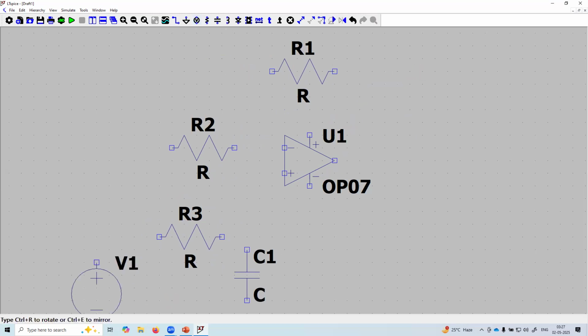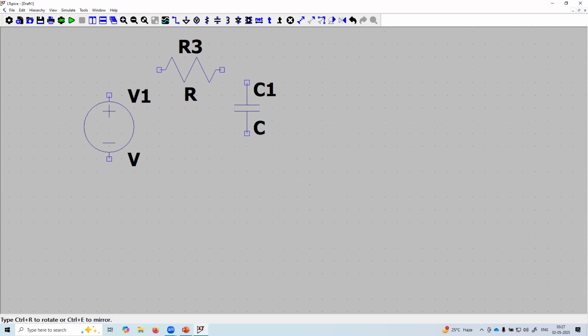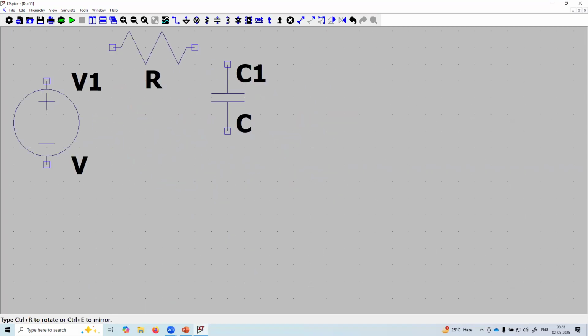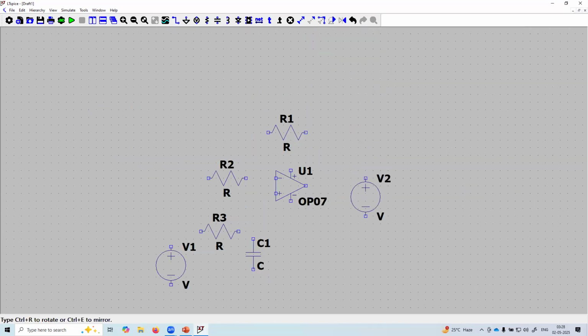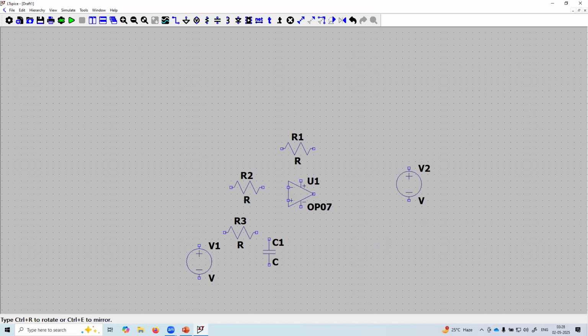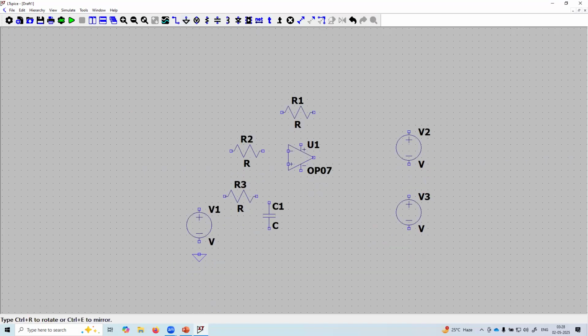Then voltage sources, and then we will do the power supply. Now every component has been placed in its place. So you only have to connect the wire.